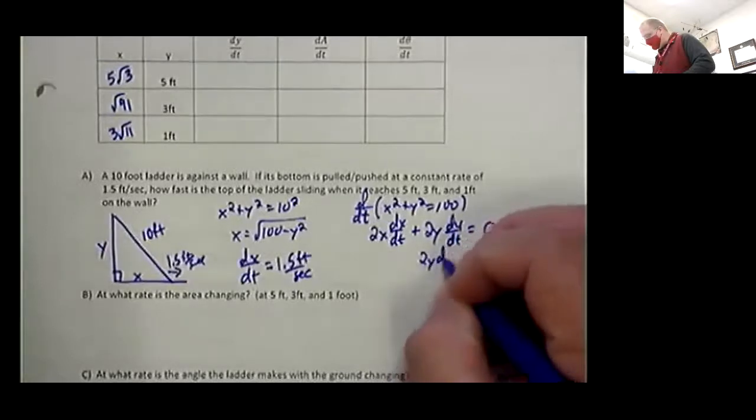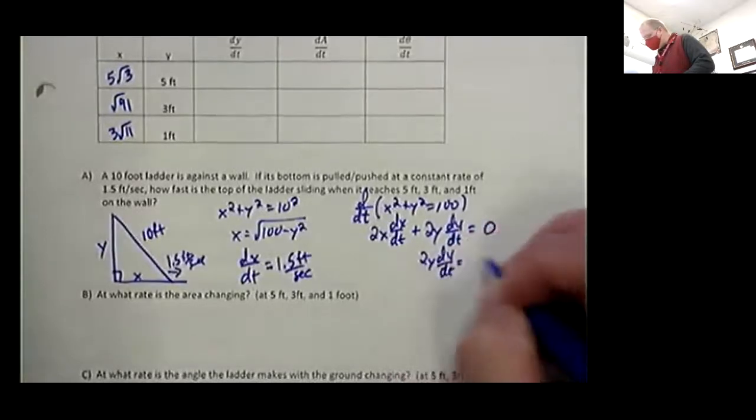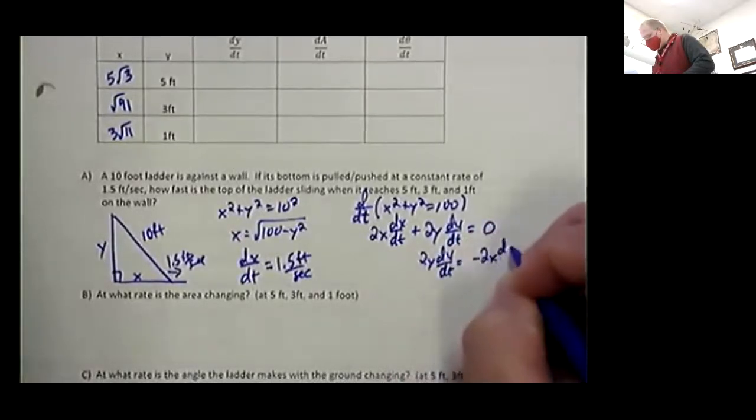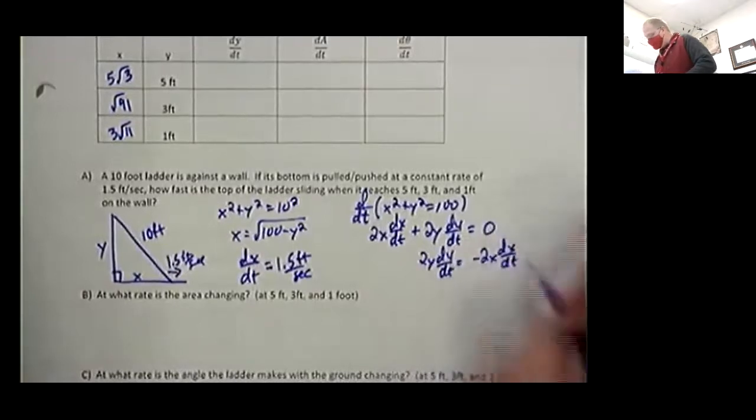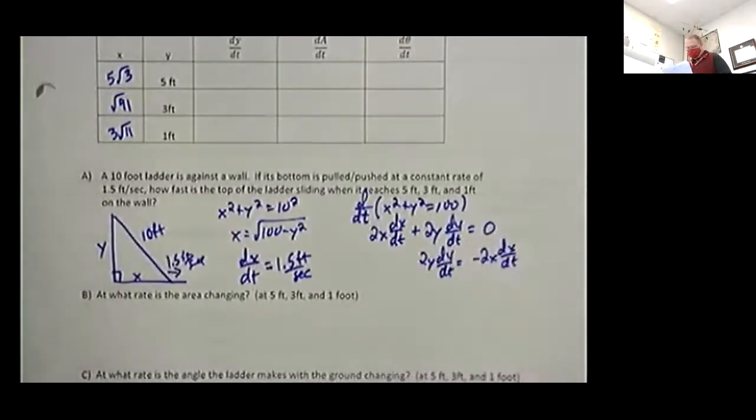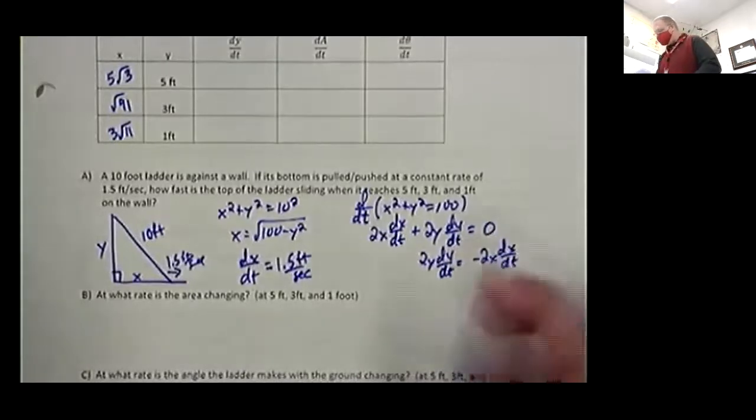We want to solve for dy dt. And so we're going to subtract the other one over. So 2y dy dt is equal to negative 2x dx dt. Well, we know dx dt, that was 1.5. We're going to divide by 2y.